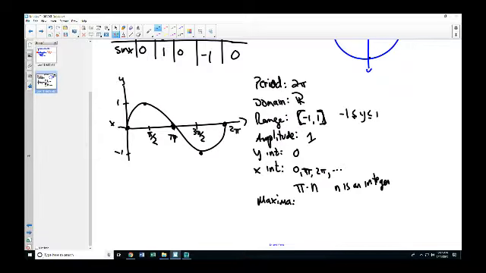The maximum value is 1 at, pi over 2 plus 2 pi n. And then the minimum is -1 at 3 pi over 2 plus 2 pi n.